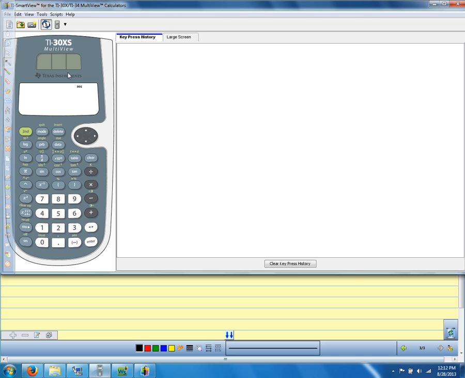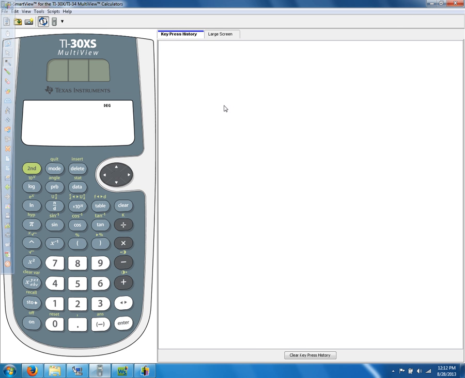On most of the normal TI scientific calculators, the factorial is in this PRB button. Let me make this a little bigger. There we go. This PRB button means probability.